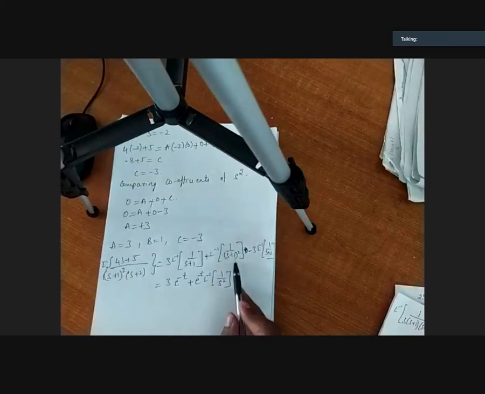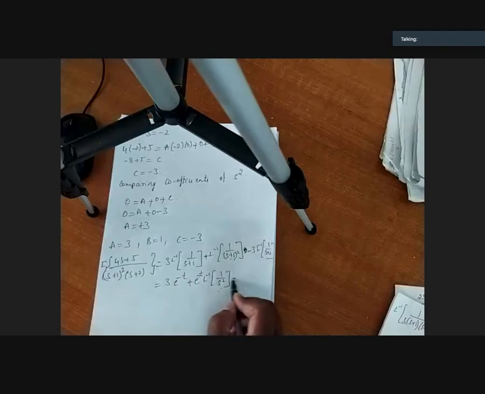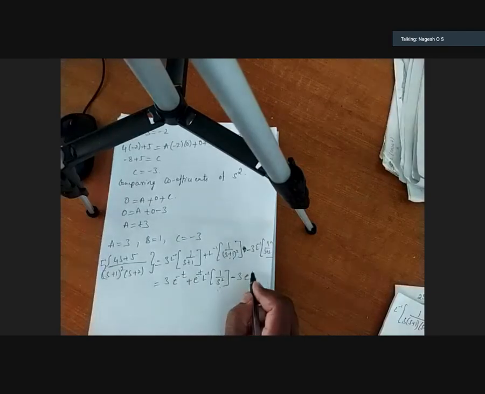Correct? Replace s plus 1 by s by multiplying exponential. Here plus 1 is there, here minus 1 will come. Okay, understood? Replace s plus 1 by s, multiply exponential. So what power? Minus 1 will come because plus 1 is there. Minus 3 e power minus 2t.